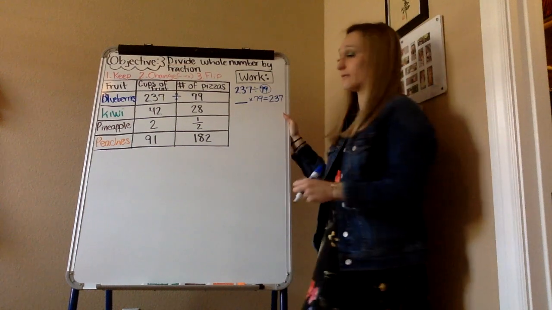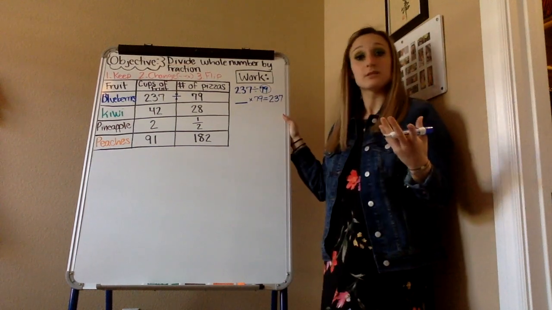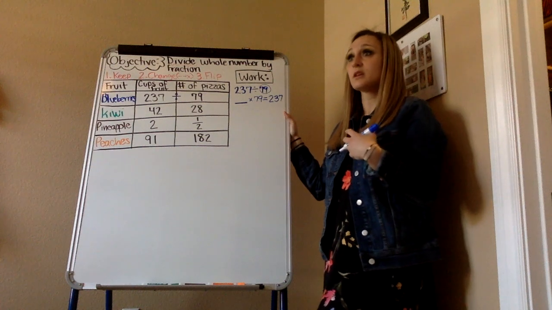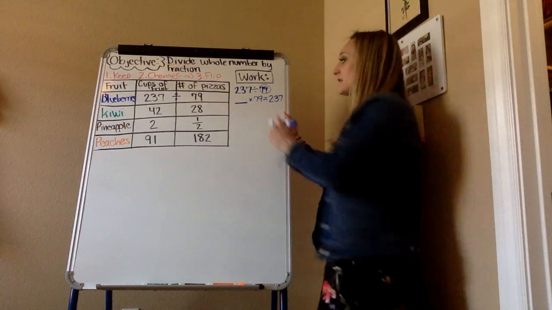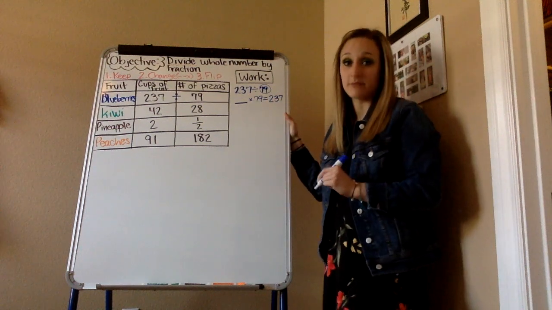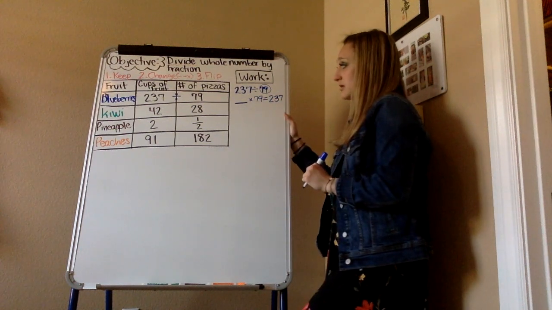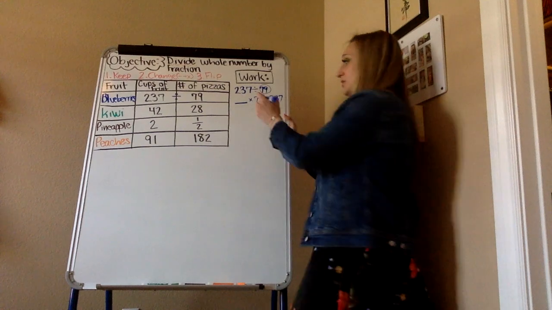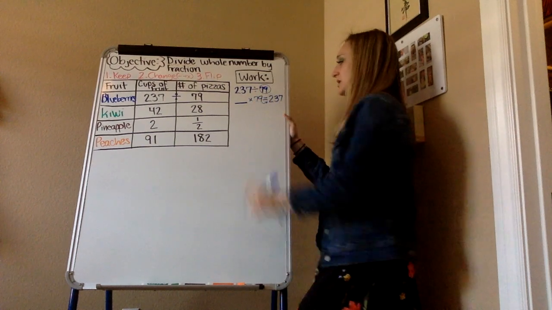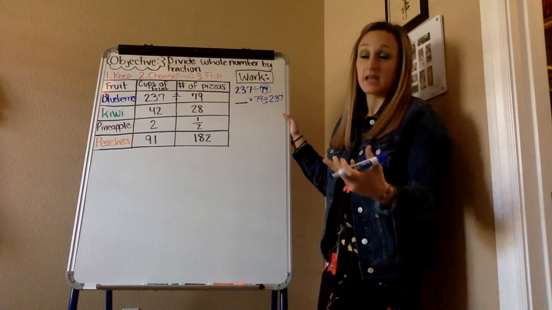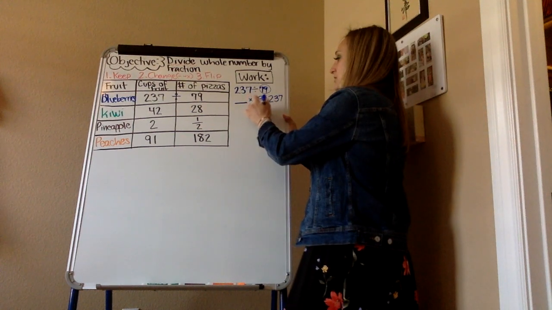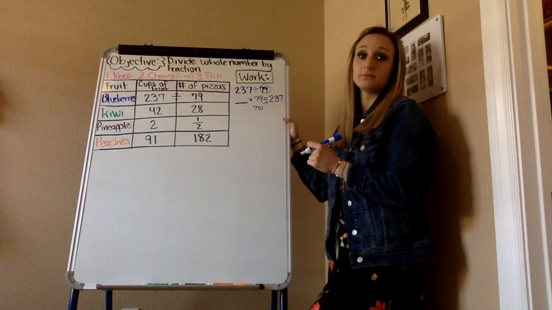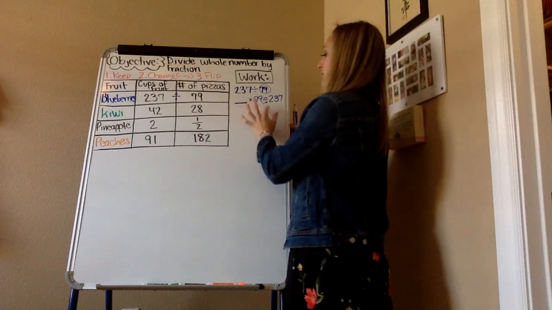I always guess 10 first, but that's because it's one of the numbers that we know a trick for when we multiply. If I do 79 times 10, I'm going to move the decimal point one place to the right, aka it's going to look like you added a 0, and that's going to give me 790. That's way too high.